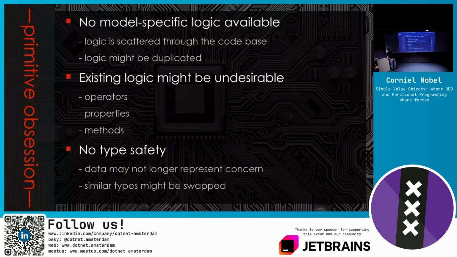And logic might be duplicated. Another reason why single value objects help you overcome primitive obsession is that you can filter the operators available. We saw that encapsulation is a tool for understanding, and not the meaning in itself. If you have an email address, for instance, you don't want to be able to uppercase it, right?